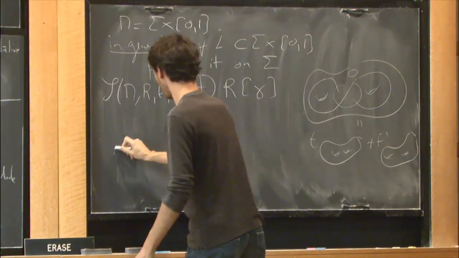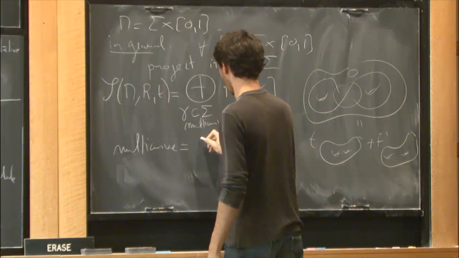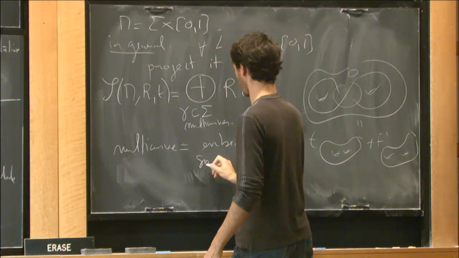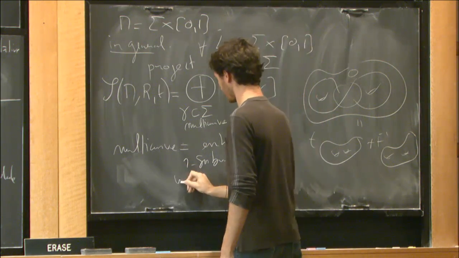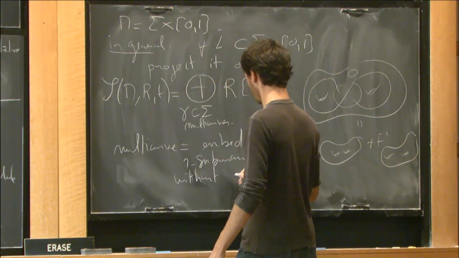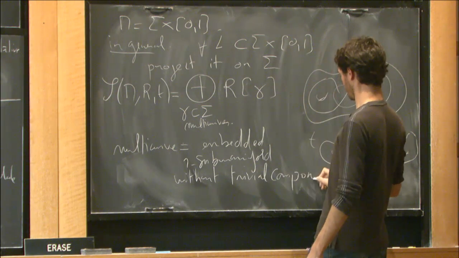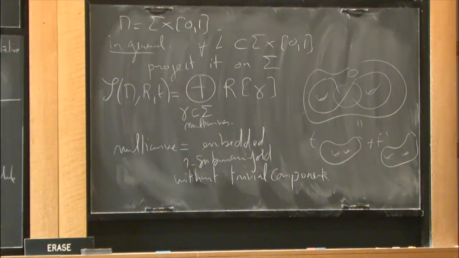Okay, so a multicurve, by definition, is an embedded one-submanifold without trivial components. So this Kauffman algebra is something even more important than being an algebra. It has a basis. It's free.